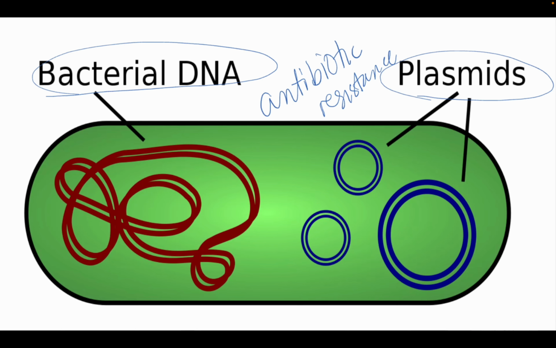However, they can also be present in archaeans and other eukaryotic microorganisms. Again, they are small, circular and double-stranded. I'm repeating that so that you will not forget the characteristics of the plasmid, because you need these basic things in order to understand the more complex information that will be presented to you in the future.